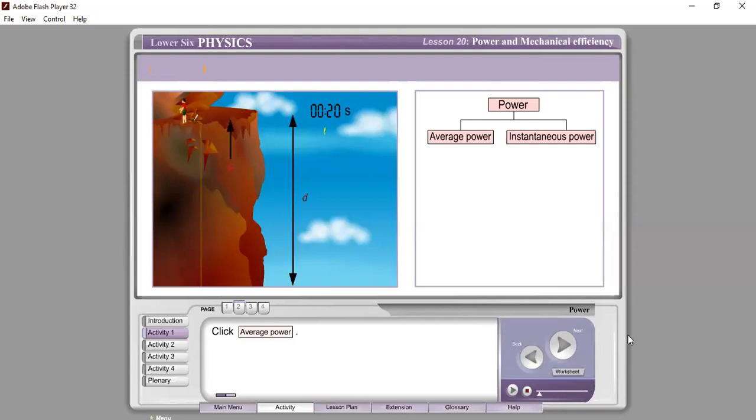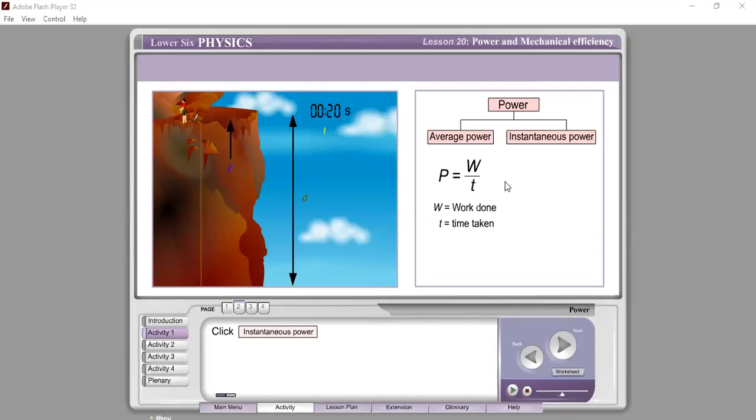Click Average Power. Average power, P equals W over t, where W is the work done and t is the time taken.